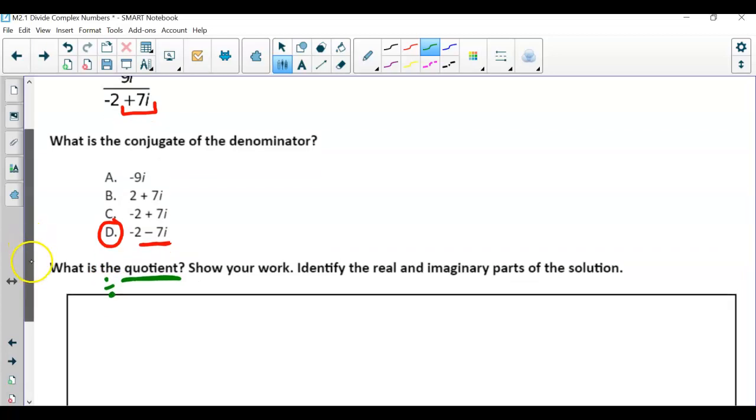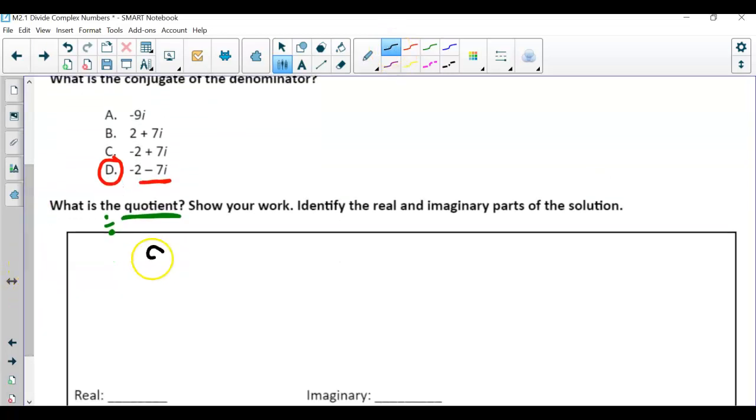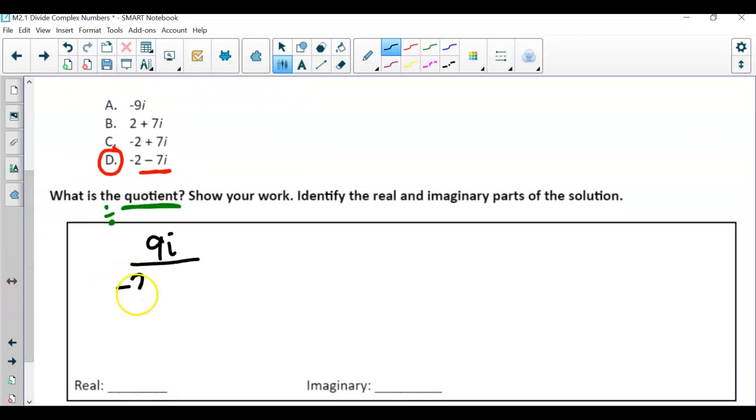All we're doing is taking that we have 9i and we're going to divide that by negative 2 plus 7i. But in order to do that, we have to multiply by the conjugate, which is negative 2 minus 7i, then negative 2 minus 7i. Now let's focus on the numerator.